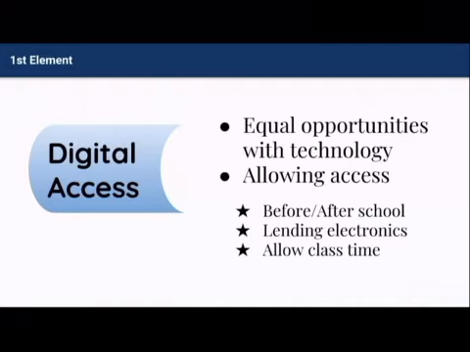Once they arrive on campus, they can come into the classroom or maybe the library to use the technology, or even after school hours, allowing the library to be open for 30 minutes or an hour for students to use that time to have access to technology.